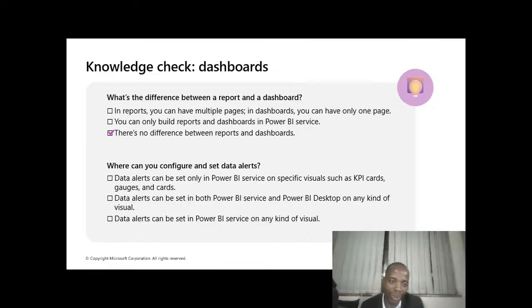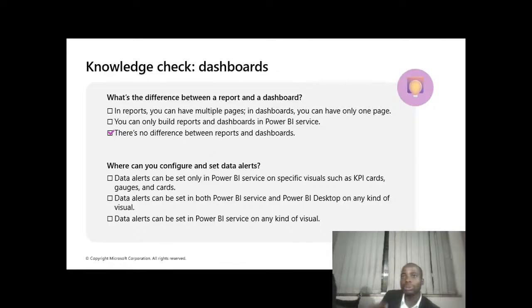Where can you configure data alerts? So alerts, I think they work only on cards and gauges. They work with targets. For example, you have your target profit for the year, and you are tracking year to date profit.